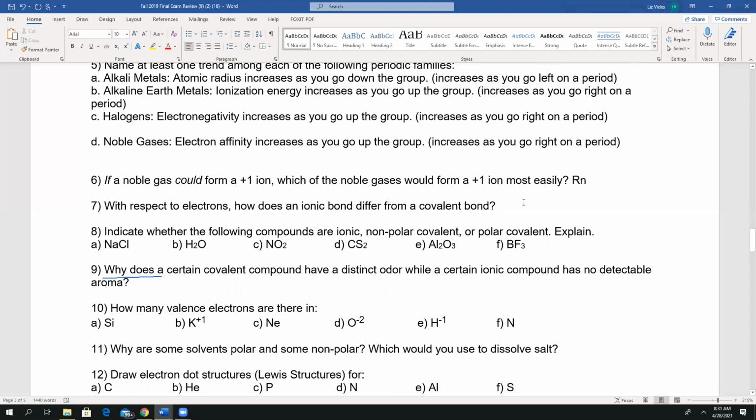How does an ionic bond differ from a covalent bond?